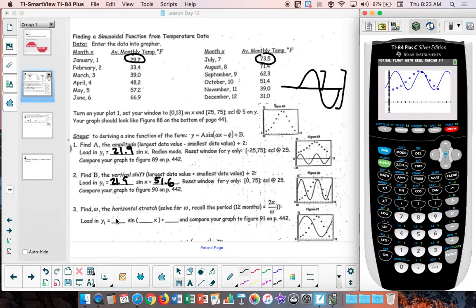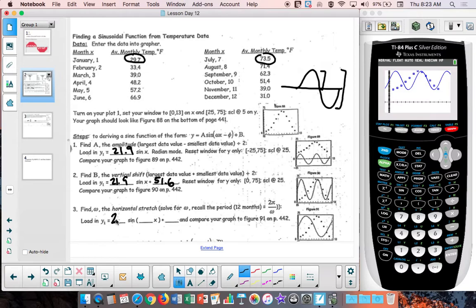And because the period is 12, omega is going to be 2 pi divided by the period. So pi over 6. So pi over 6 goes here. And then plus 51.6.